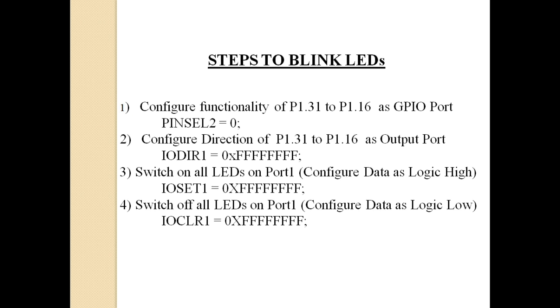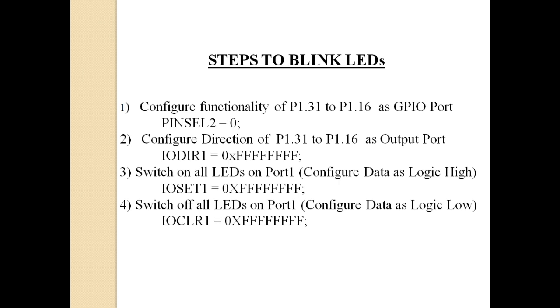Second step, I need to configure the direction of these pins P1.16 to 31. Whatever GPIO port you are taking, you need to configure two main things. The first one is known as the direction, the second one is known as the data. So what should be the direction of those pins? Those pins should be configured as output port pins.